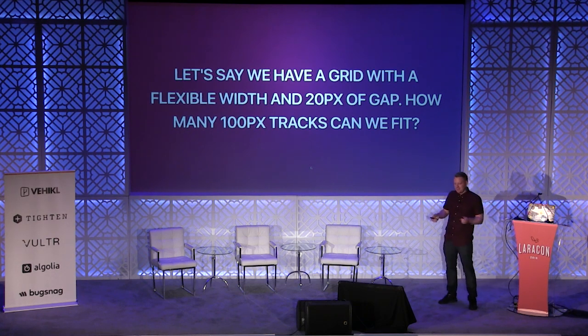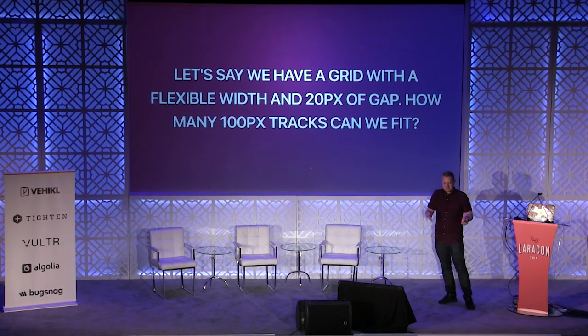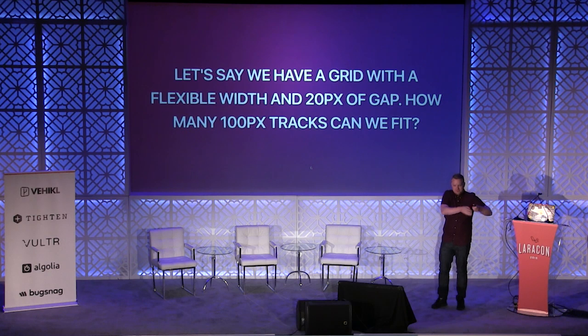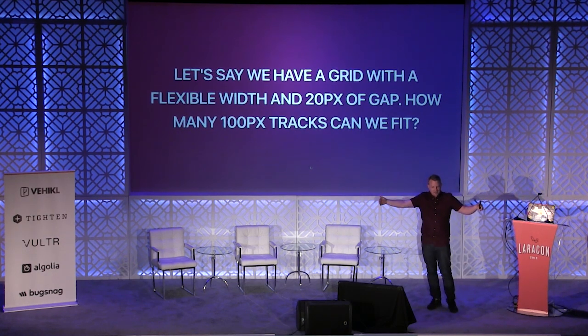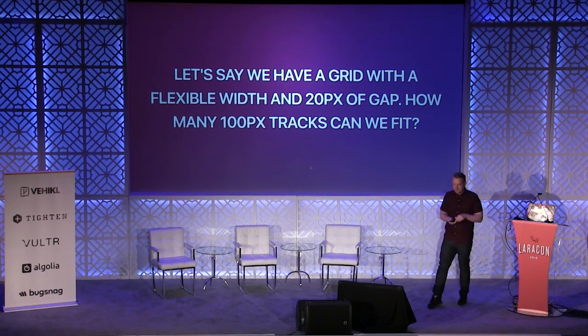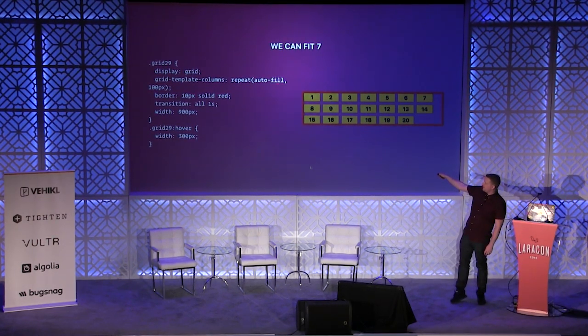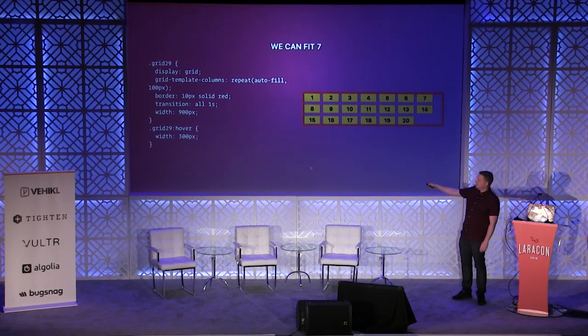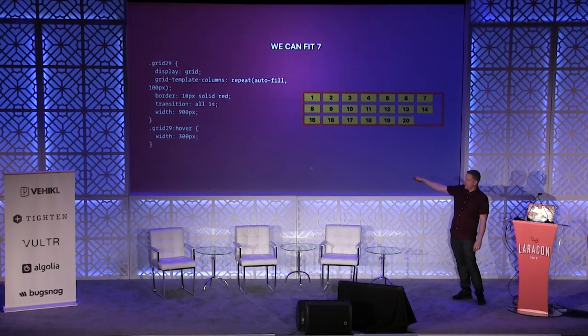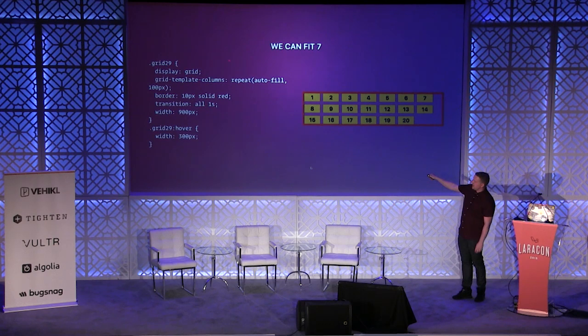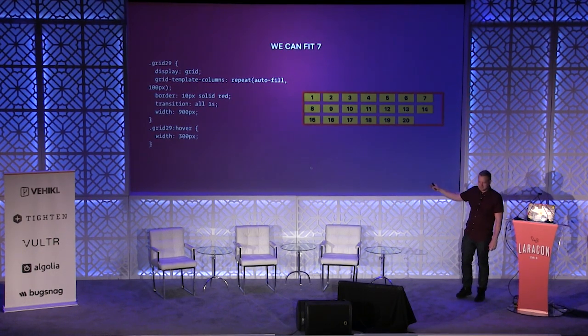You can't just say, give me 3 tracks, because 3 tracks on a phone versus 3 tracks on a 40-inch monitor would look very different, right? So what we can do is we can use this keyword called autofill and autofit and give it a size of track that we want. And we're essentially saying, repeat as many as you can, and make them 100 pixels, right?